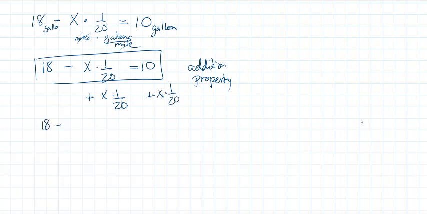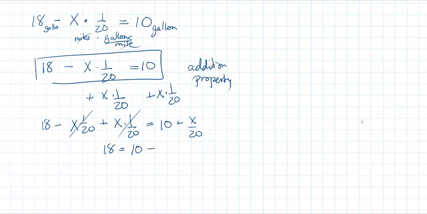So we get 18 minus x over 20 plus x over 20 equals 10 plus x over 20. Now these two items cancel each other, right? These two elements are equal, but one is negative, so they cancel, and we have 18 equals 10 plus x over 20.